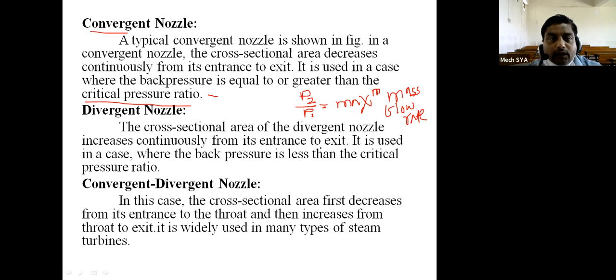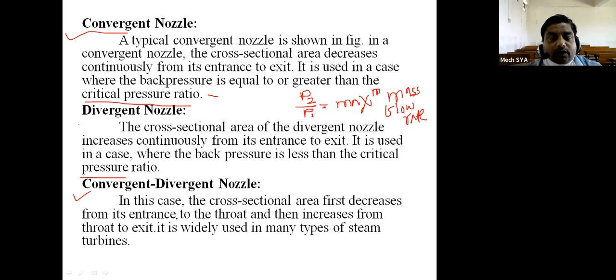It is used where the back pressure is less than the critical pressure ratio. Generally divergent nozzles are not used here. Mostly convergent nozzles or convergent-divergent nozzles are used frequently.